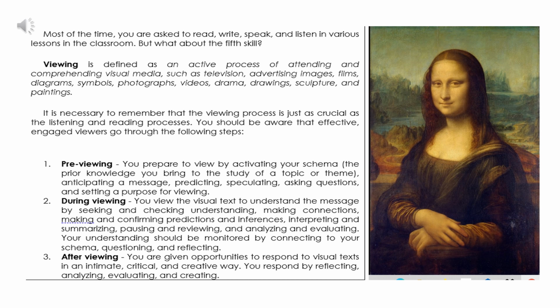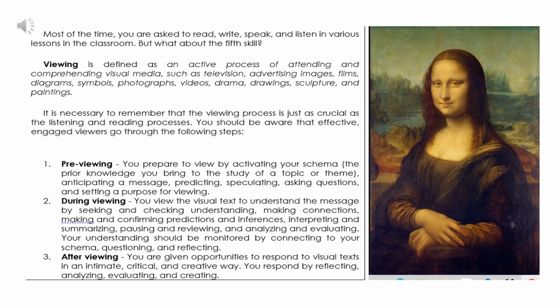So it is necessary to remember that the viewing process is just as crucial as the listening and reading process. You should be aware that effective engaged viewers go through the following steps.